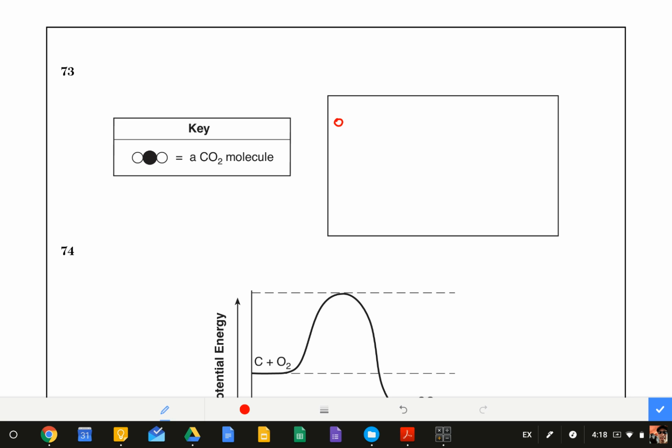So here we go. Oxygen, carbon, oxygen. That's one carbon dioxide molecule. Draw another one. Oxygen, carbon, oxygen. Oops, it's 2. Keep going. Carbon, oxygen, oxygen. It's 3. So it looks like planet Saturn to me.